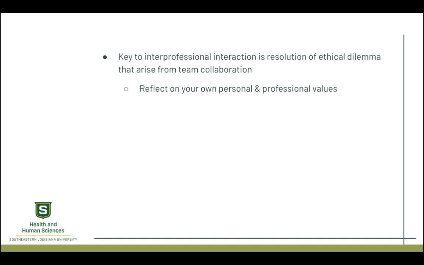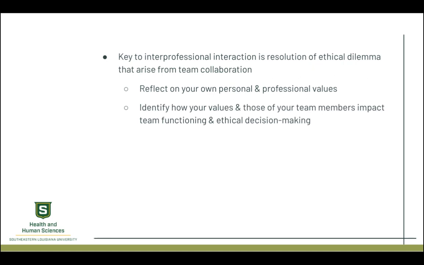But what to do if you're in a situation like that is to reflect on your own personal and professional values, to identify how your values and those of your team members may impact the functioning of the team and your ability to make ethical decisions.